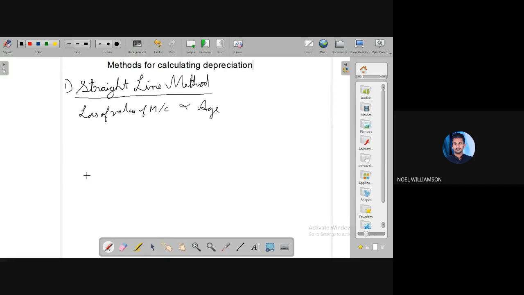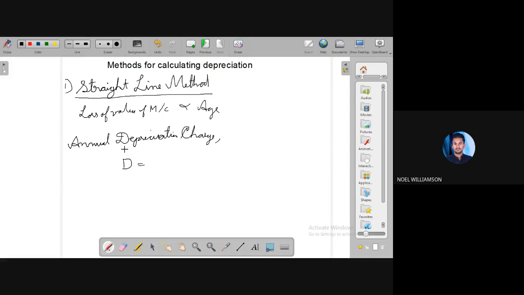We are using a value called the annual depreciation charge, denoted by D. Annual depreciation charge, that is, how much depreciation comes in one year. Depreciation means the amount which will be deducted.